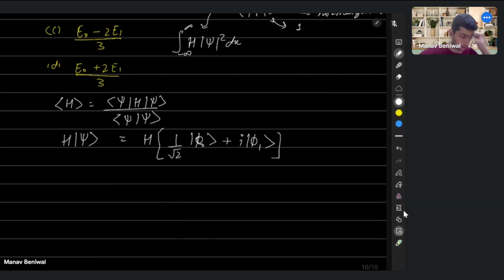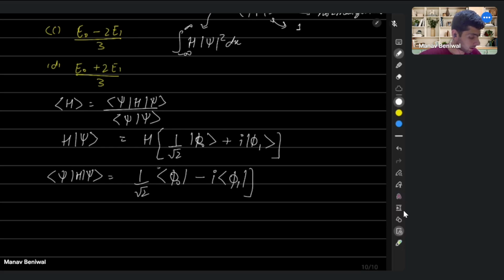Then basically, psi H psi simply becomes 1 by root 2 times phi naught minus iota phi 1, and this is multiplied with 1 by root 2 times E naught phi naught plus iota E1 phi 1.